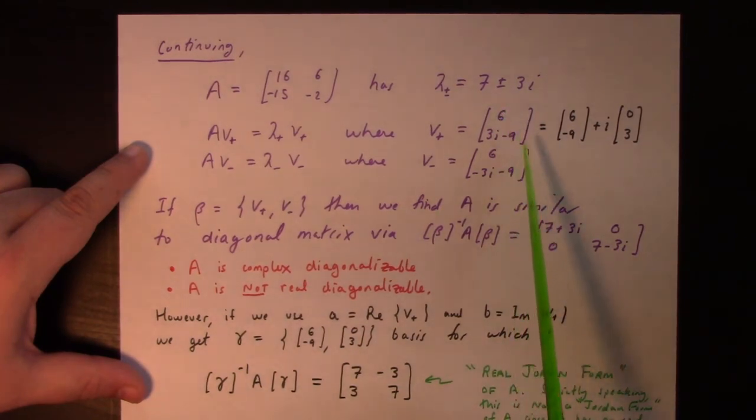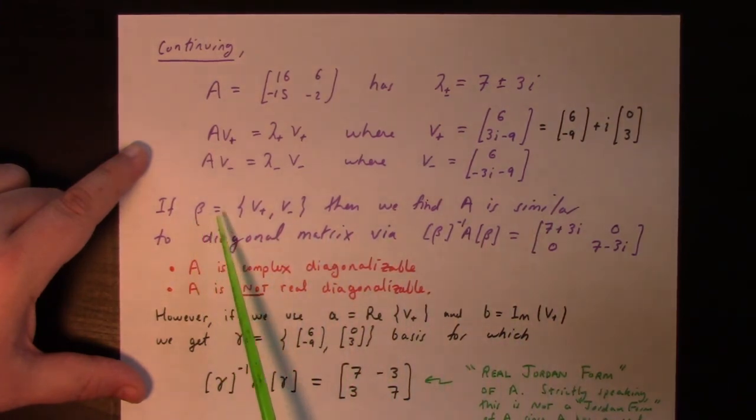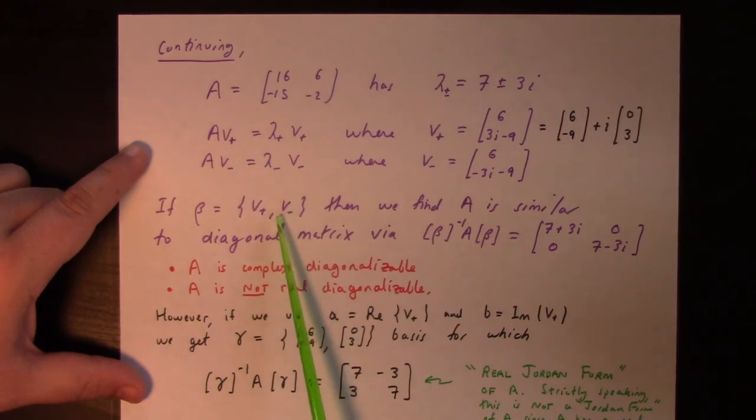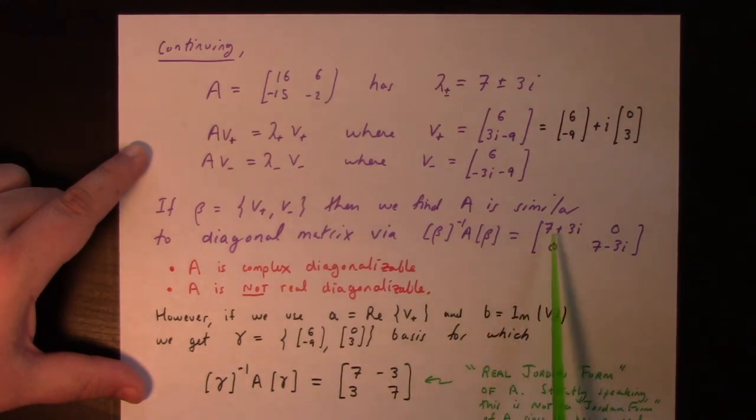The v plus and v minus are related by complex conjugation. In short, if we make the basis v plus, v minus, we would find that A is similar to a diagonal matrix by this calculation, beta inverse A beta, and that diagonal matrix would be 7 plus 3i, 0, 0, 7 minus 3i.